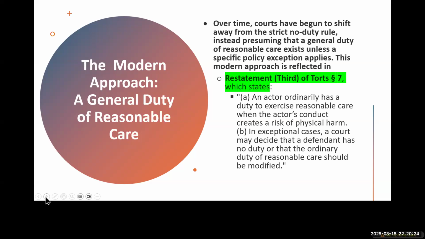So you see the traditional rule, there's no duty unless it's foreseeable, because I've got a foreseeable plaintiff, not foreseeable as in proximate cause foreseeability. Be careful, don't get lazy. These terms are used in different places, and when they're used in different places, they mean different things.